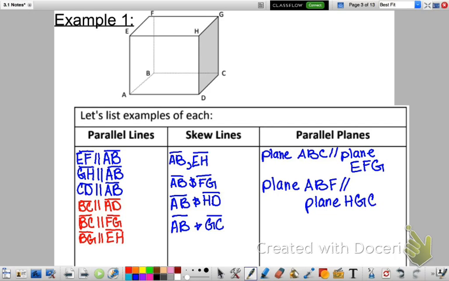And lastly, the back, or plane BFG, will be parallel to the plane to the front, which is AEH. Okay? These are just some examples.